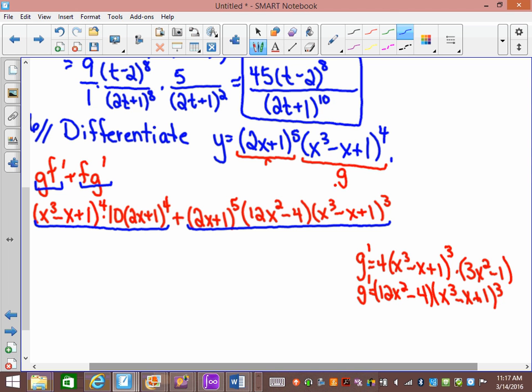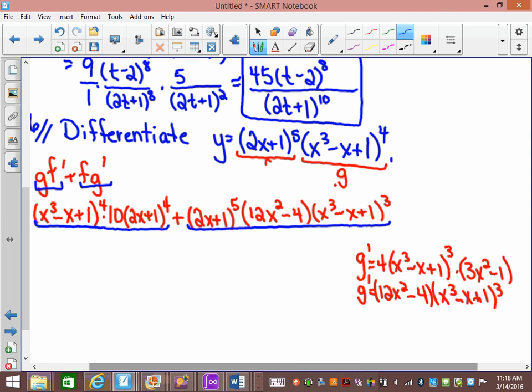Whenever you use chain rule, you guys, you end up having one term where you end up keeping what's inside to an exponent. So both terms, this blue term and this blue term, are going to have some terms that are the same that we can take out. This one here has an x cubed minus x plus 1 to the 4, and this one has an x cubed minus x plus 1 to the 3. And I always told you to take out the smaller one, like when we took out fractions.